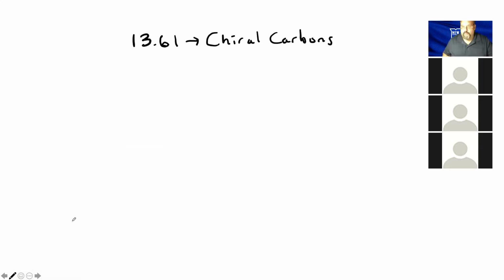All right, so question 13.61 deals with trying to find chirocarbons in a compound. Chirocarbons are carbon atoms that have four different atoms or groups of atoms attached to them.